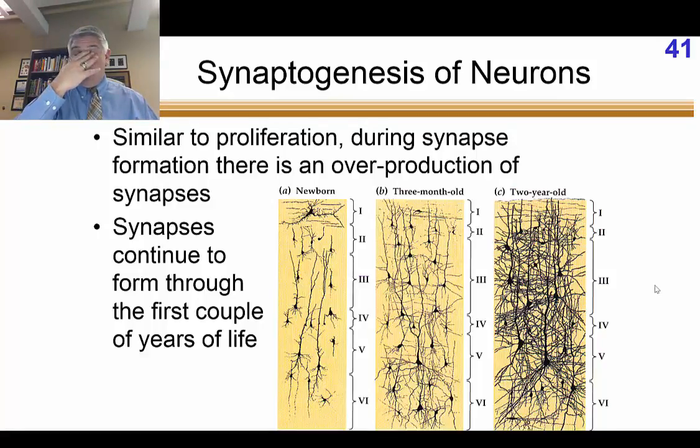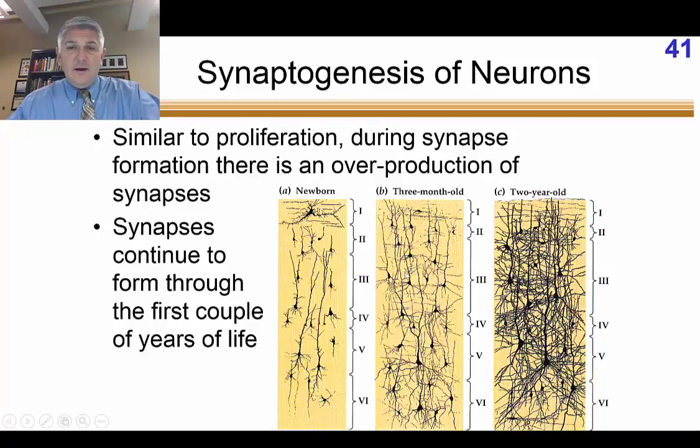So we talked about how by 1 year of age, a 1-year-old's brain looks a lot like an adult's brain, in terms of proliferation of neurons and apoptosis. But synaptogenesis is where we're getting better connectivity in the brain, and this is what is allowing the child to develop intellectually, emotionally, from a personality standpoint, all of that.